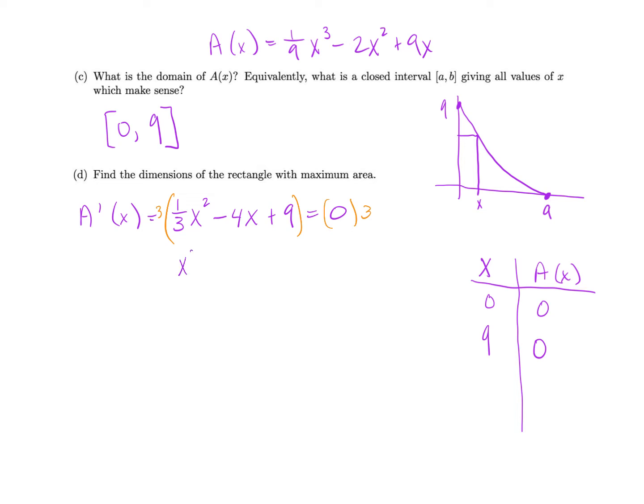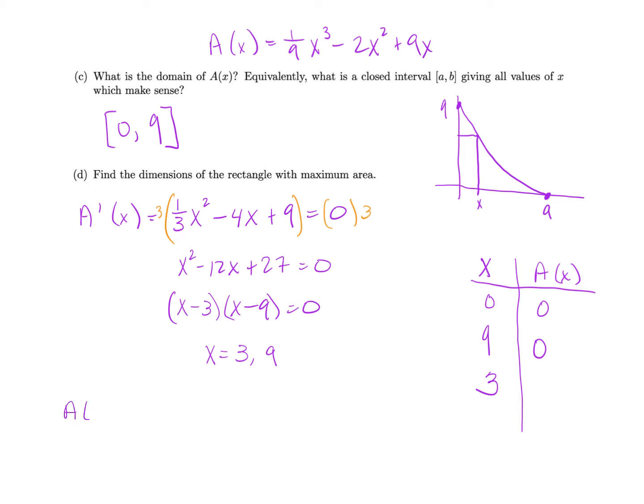And I get x squared minus 12x plus 27 equals 0. That factors to (x minus 3) times (x minus 9), and my critical points are 3 and 9. Now 9 is already an endpoint, already in the table. I just need to add 3. I'm going to calculate the area when x is 3 by plugging 3 into the area formula.